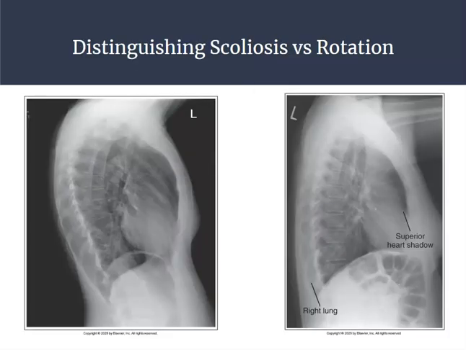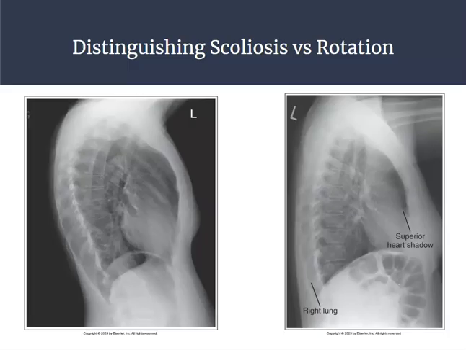So let's look at distinguishing scoliosis from rotation. On a lateral chest x-ray with a patient that has scoliosis, the lung field may appear rotated, and that's because of the deviation in the vertebral column there.